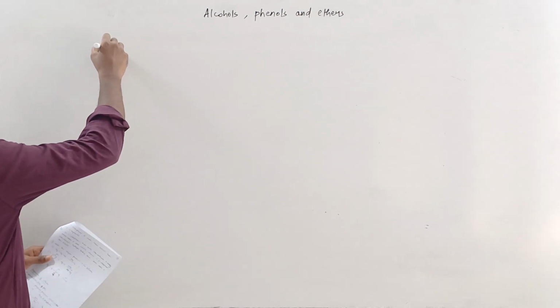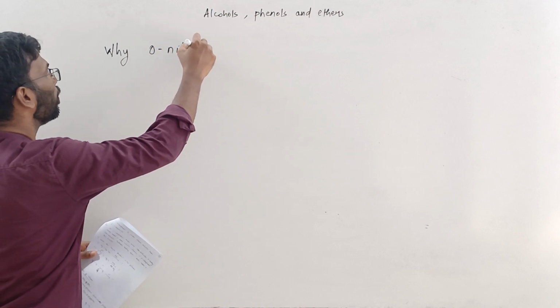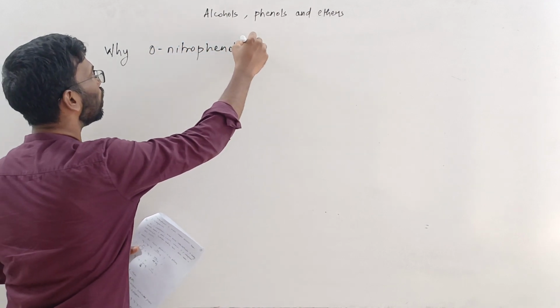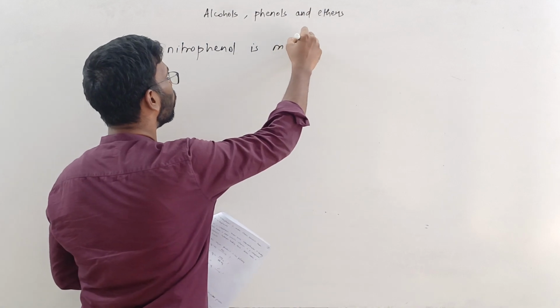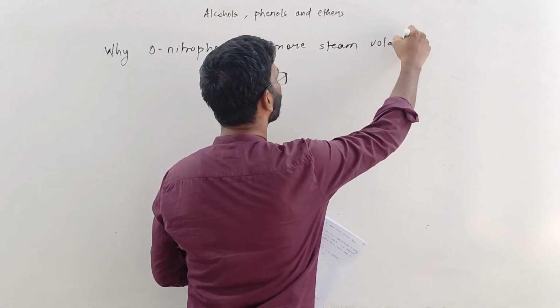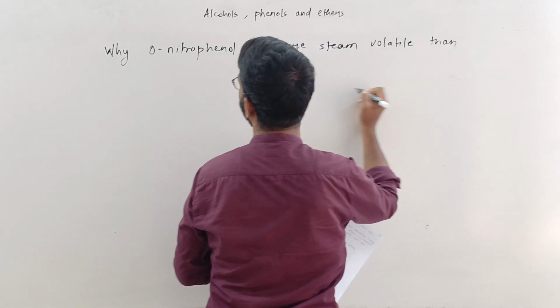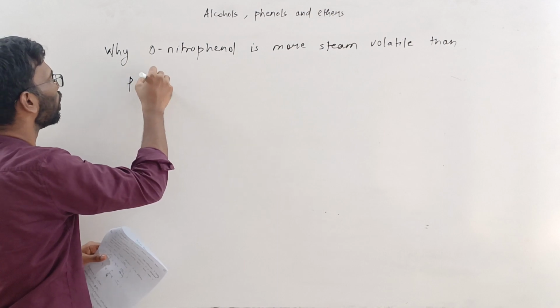Why is orthonitrophenol more steam volatile than paranitrophenol?